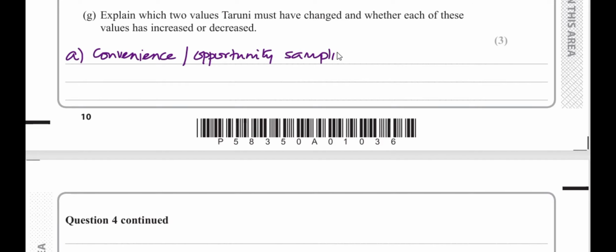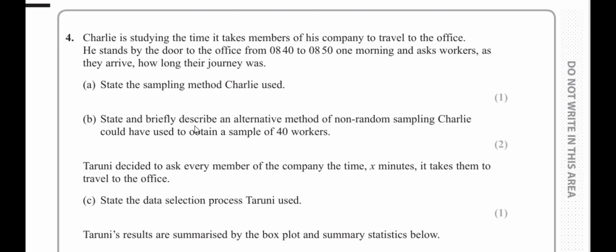Part B. State and briefly describe an alternative method of non-random sampling Charlie could have used to obtain a sample of 40 workers. The earlier method mentioned was a non-random sampling method. The question is now asking, can you state another method in which a sample of 40 workers could be obtained? Well, they could use quota sampling, which is also a non-random sampling method.